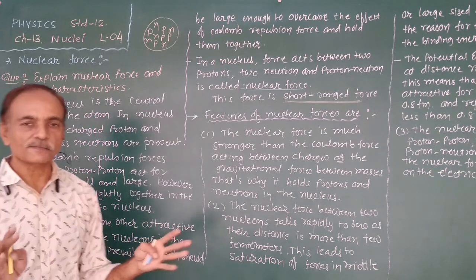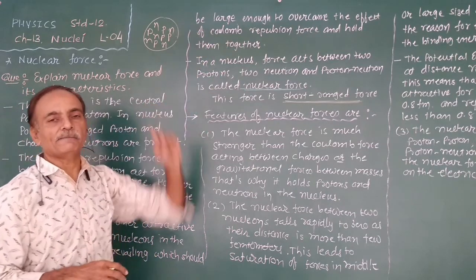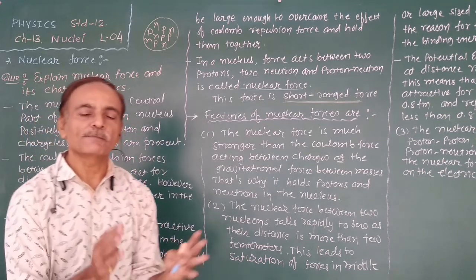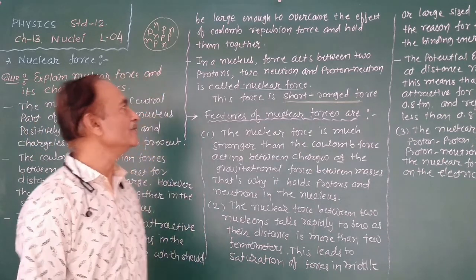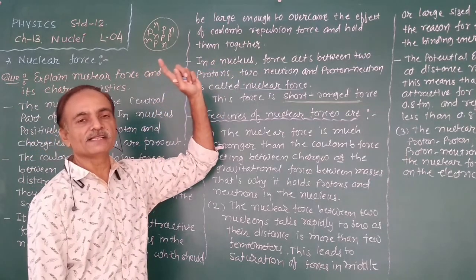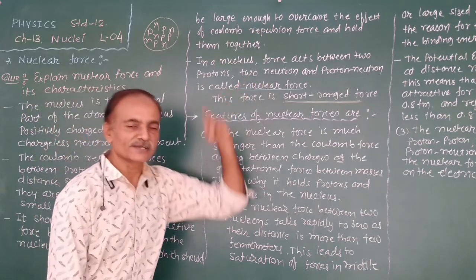So some force of attraction must be exerted, which overcame the effect of the repulsion force and tightly bound the proton and neutron inside the nucleus. In a nucleus, the force acting between two protons, two neutrons and neutron-proton is known as the nuclear force.